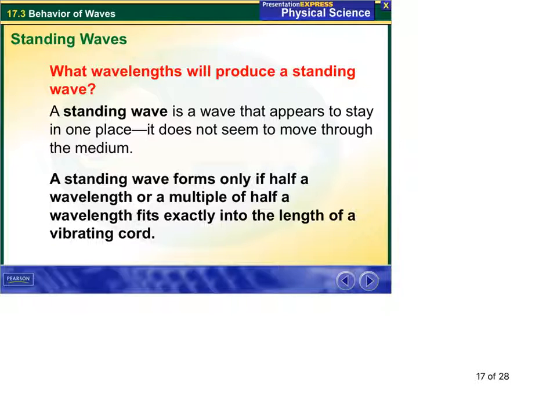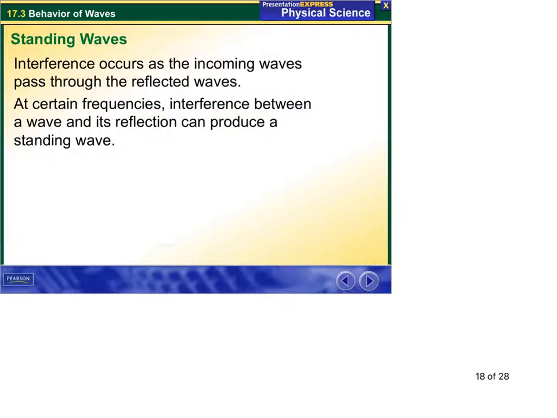And you can get what we call a standing wave. A wave appears to stay in one place and does not move through the medium. A standing wave forms if there's half a wavelength, or a multiple of half a wavelength, that fits exactly in the length of a vibrating cord.